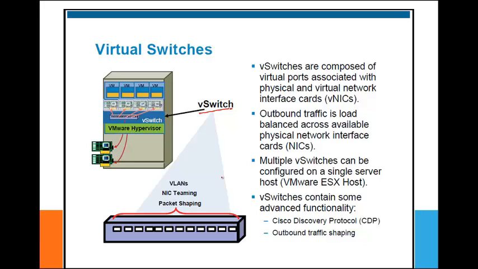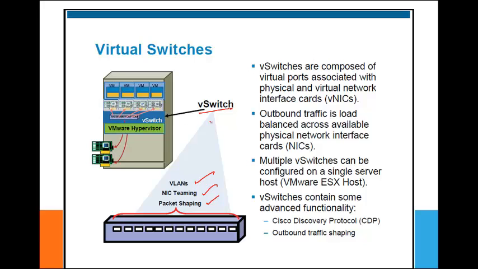It looks like a very cool feature: we have VLAN support, we have NIC teaming, we can group the NIC cards together, we even have traffic shaping for load balancing. All these are available.